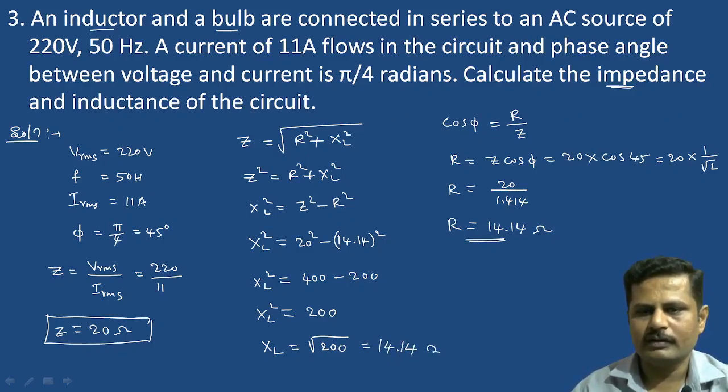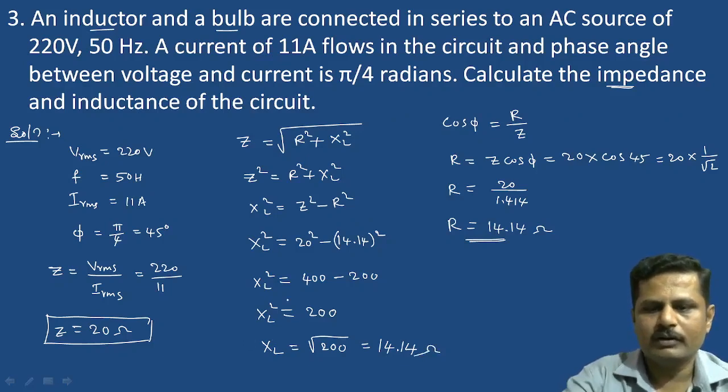That is XL. What we need to find out is L. Already we know that XL, the inductive reactance, we got now as 14.14 ohm. Now we know that XL, the inductive reactance, is given by 2 pi FL.